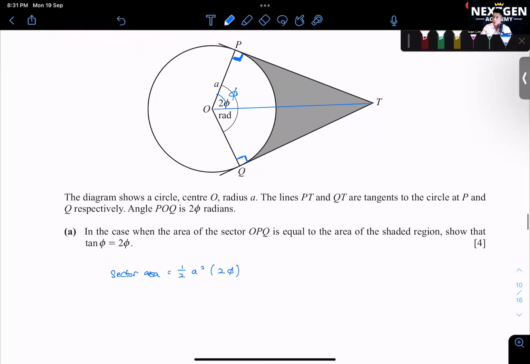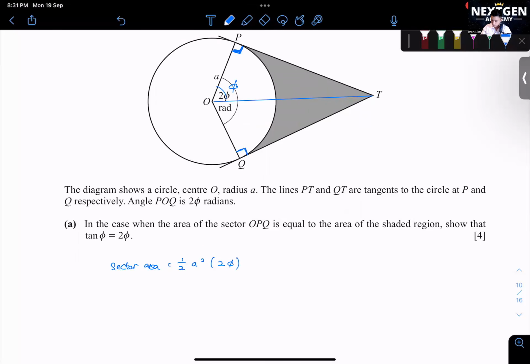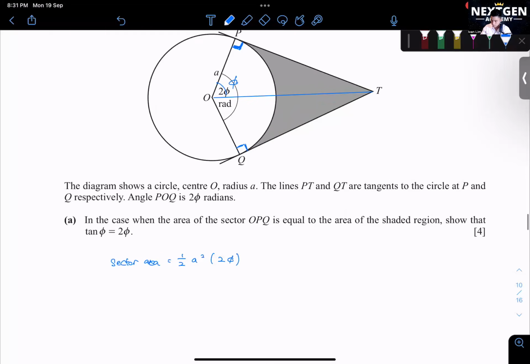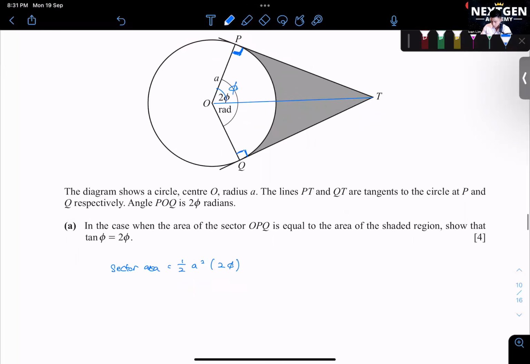All right, so what else can we find? We can use SOH CAH TOA: tan phi equals PT over A. So we find the length of PT: PT equals A tan phi.